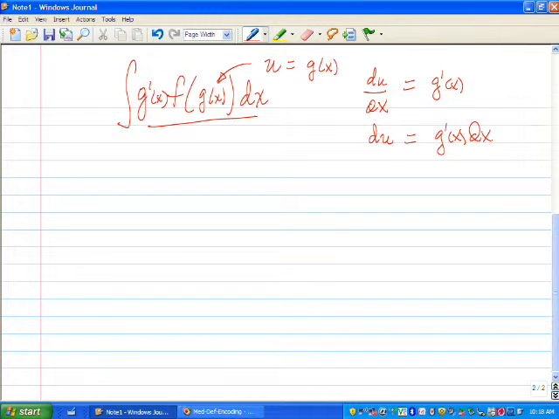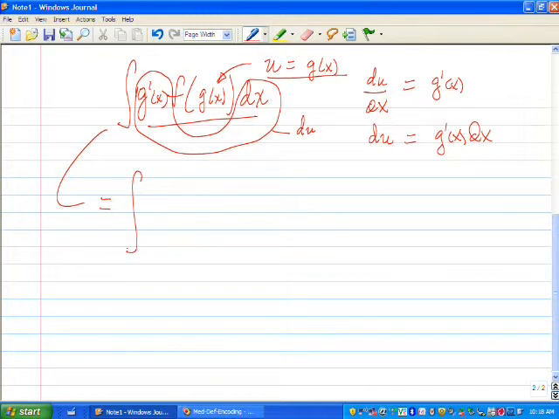Then we can see that portion I'm going to encircle here, g prime of x dx, could be replaced by du. And we already know that u is equal to g of x, so this integral is equal to, doing the substitution, f of u du.